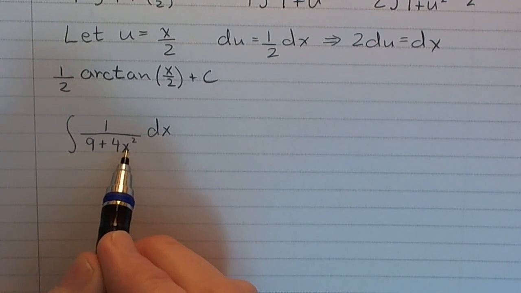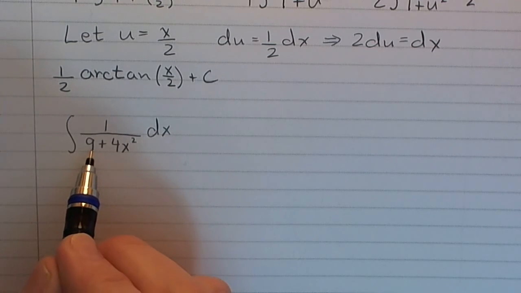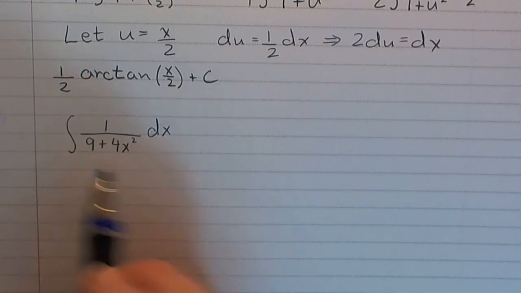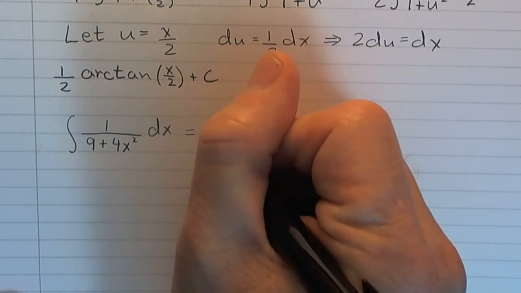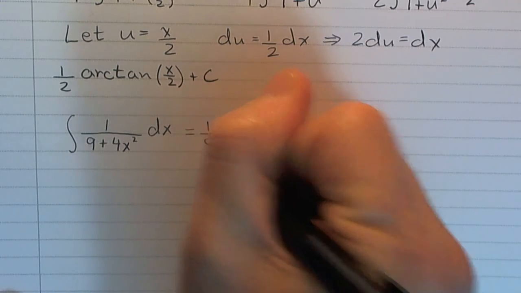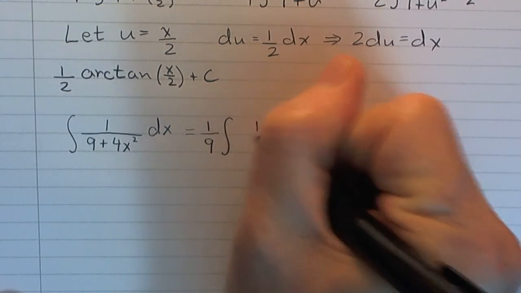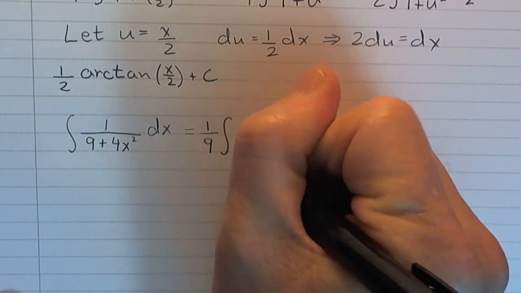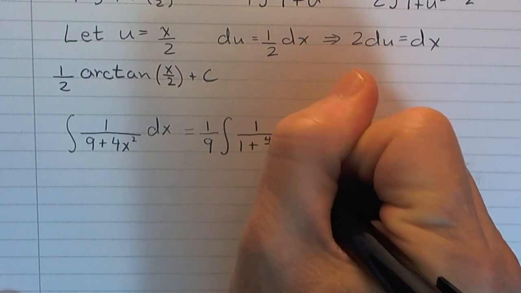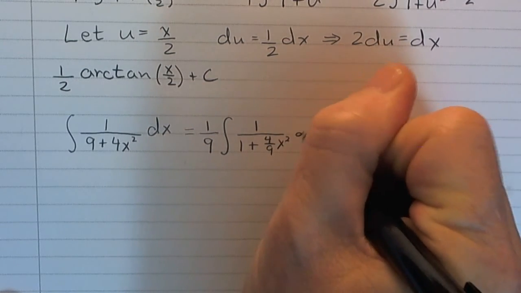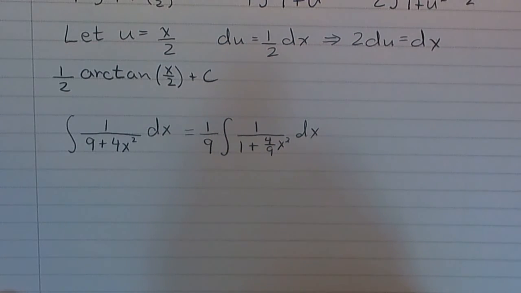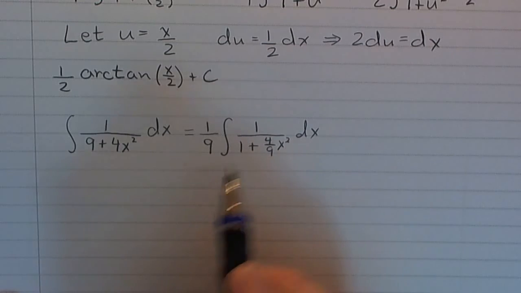We don't like it that this is 4x squared, not just x squared, and we also don't like it that this is 9 instead of 1. So what I'm going to do is factor out that 1/9, just like in the previous problem. And now I've got 1 plus 4/9 x squared. Because I wanted a 1 there.